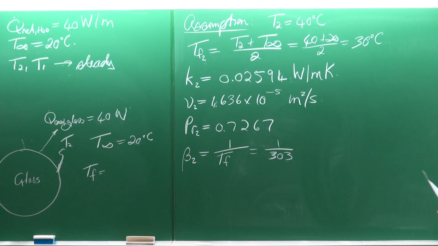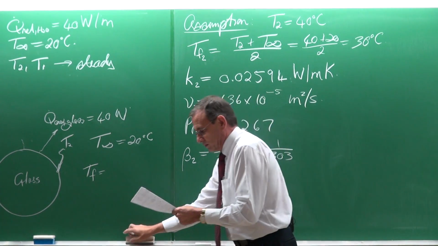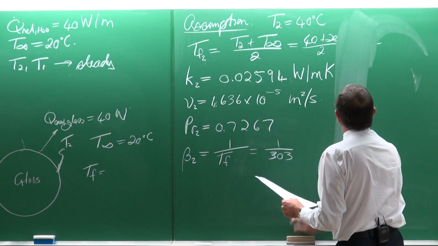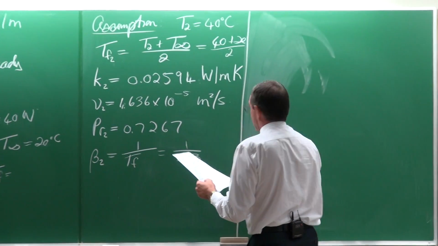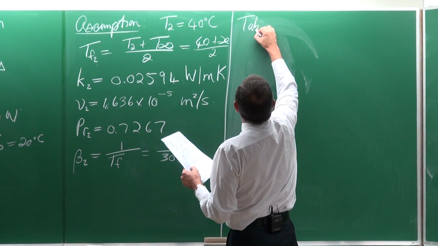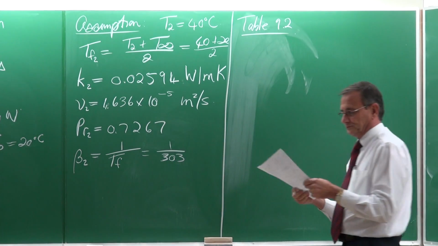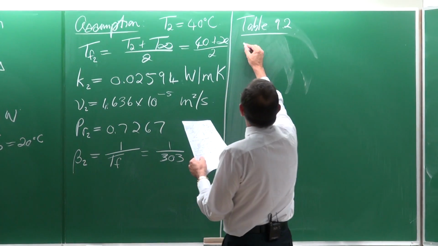Okay. So, if you now go and look at table 9.1, you will see that we need the Grashof number, or the Rayleigh number. So let's calculate it.